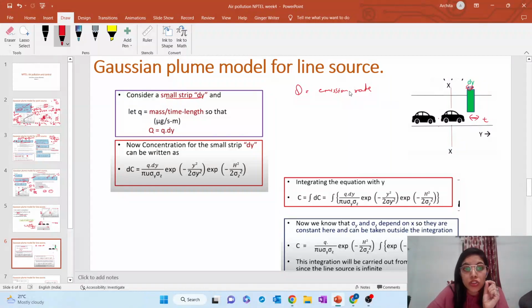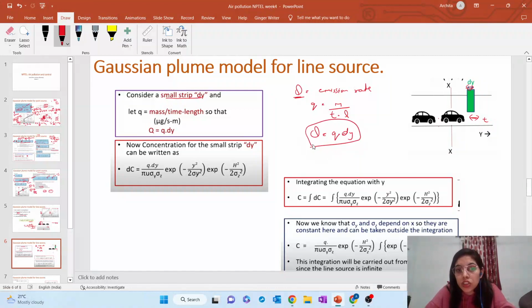So we find this term, small q, which is how much mass of the pollutant is emitted per unit time per unit length, and the emission is in the direction of dy. So Q is dy times q, and you put it in the first equation.